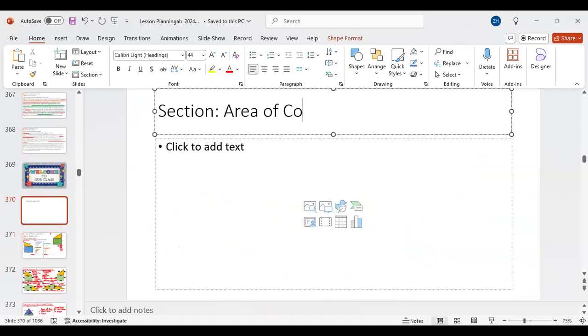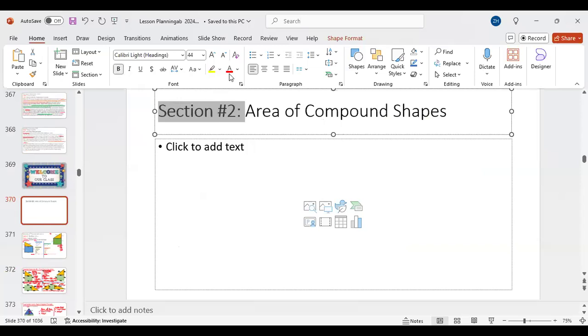Area of compound shapes. Everyone, please turn your attention to section 2. Stop doing the quiz, because we have to do a quiz on this too. You don't want to be behind.